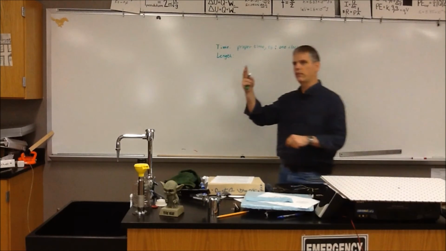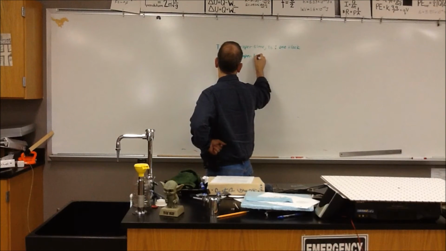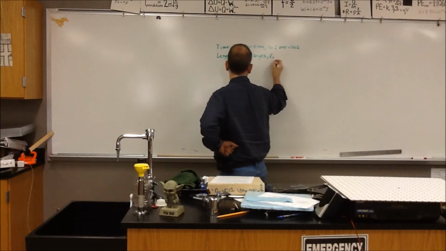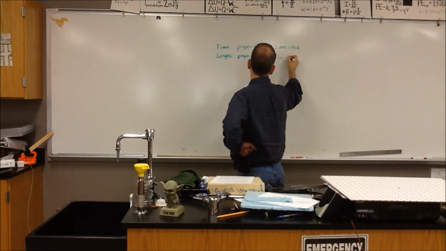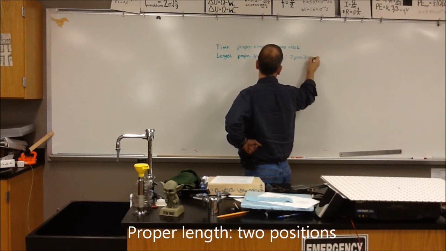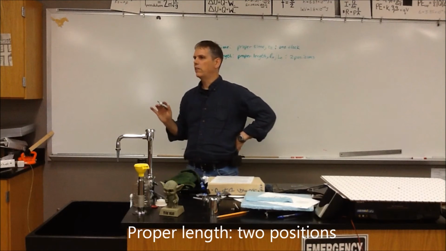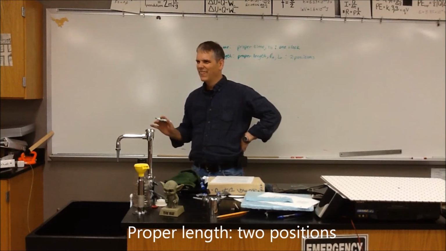I need two positions, yes? L naught, or L naught, I'm not sure which one, is two positions. Okay, that all seems pretty obvious, yes? Now again, you might think that this is very silly. It will not be. Okay?